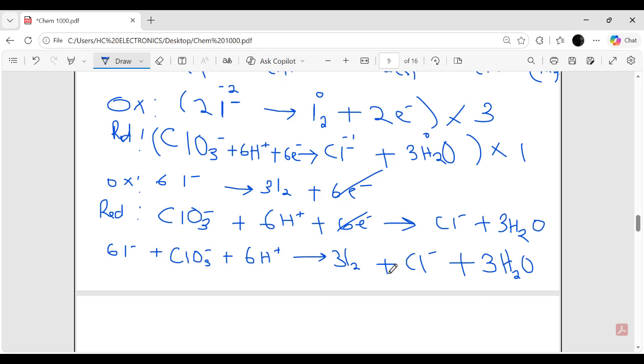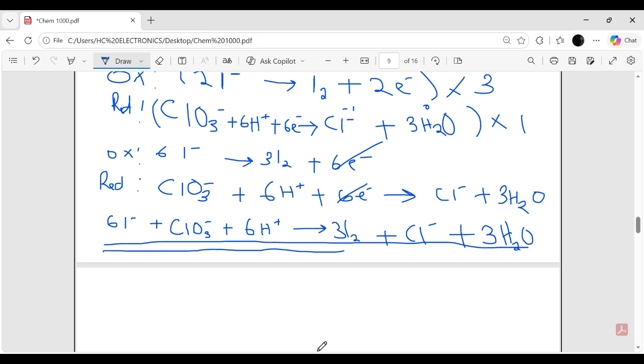You have chlorine, 3 oxygen, 6 hydrogen here. They are all balanced, and you have the balanced reduction and oxidation equation like this. That's your final answer. This is in acidic medium.